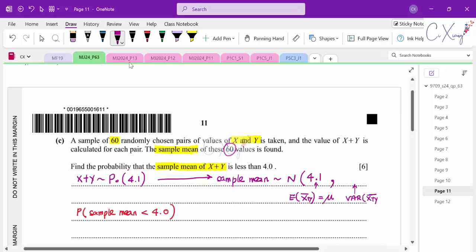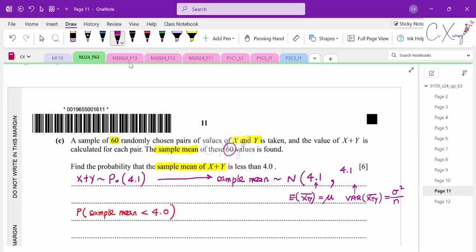The variance of the sample mean will be the population variance divided by the sample size. The population variance is also 4.1 because it is Poisson, so the variance for Poisson is still 4.1, then divided by the sample size, which is 60.